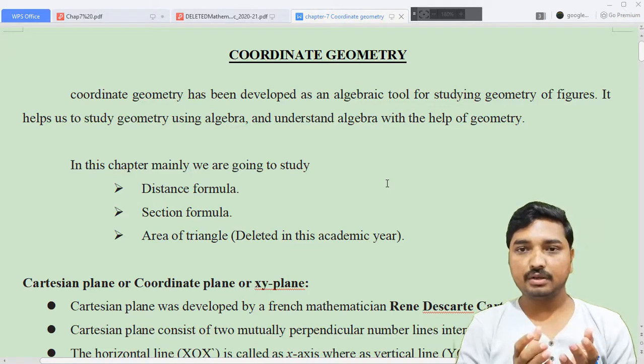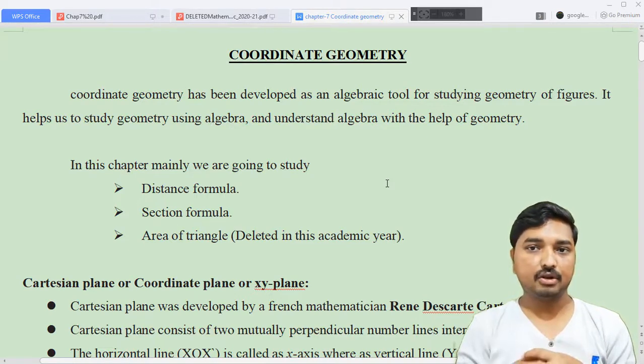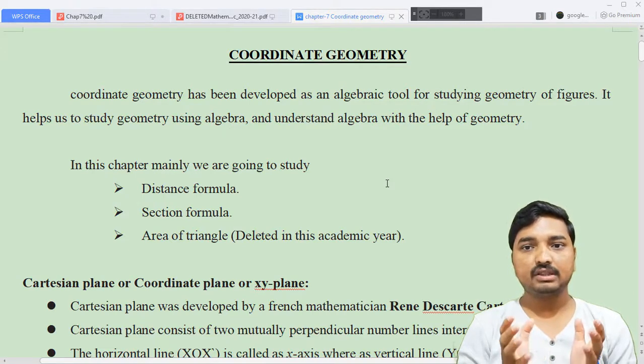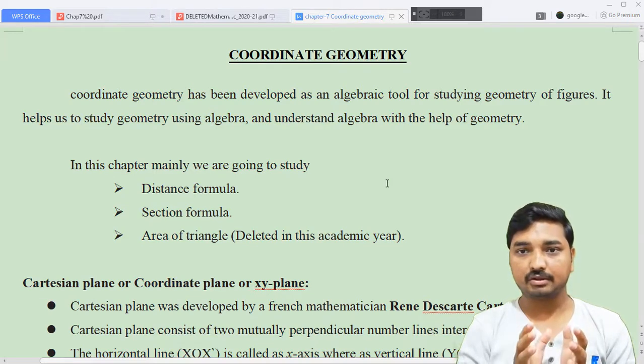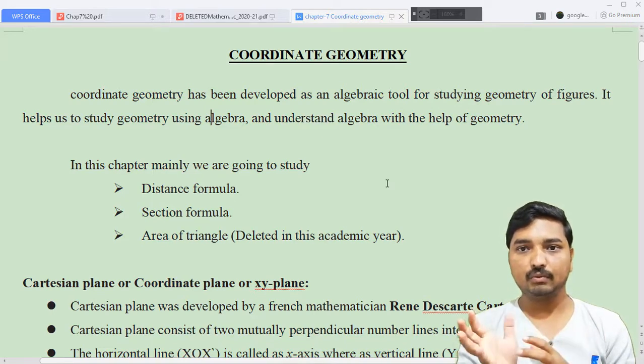Algebra means what? In algebra, we have studied the chapter polynomials, which comes under algebra. So here we deal with algebraic expressions. Algebraic expressions consist of constants, variables, like that. And the second one is geometry.